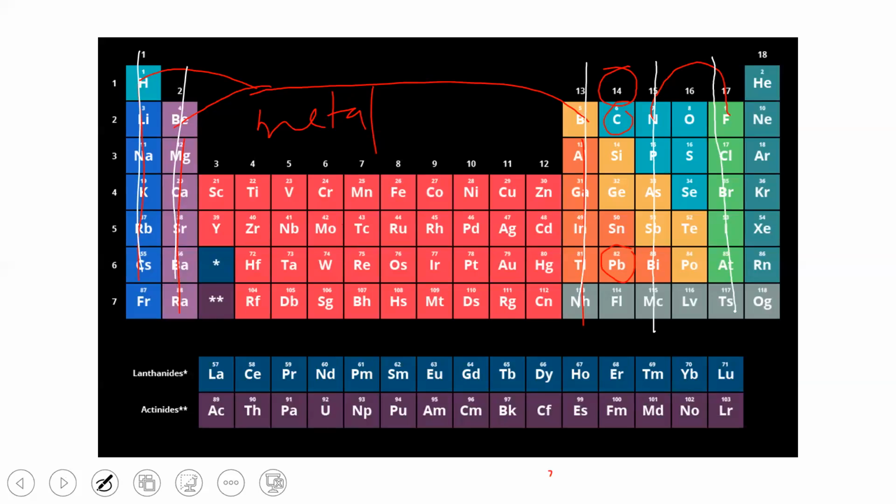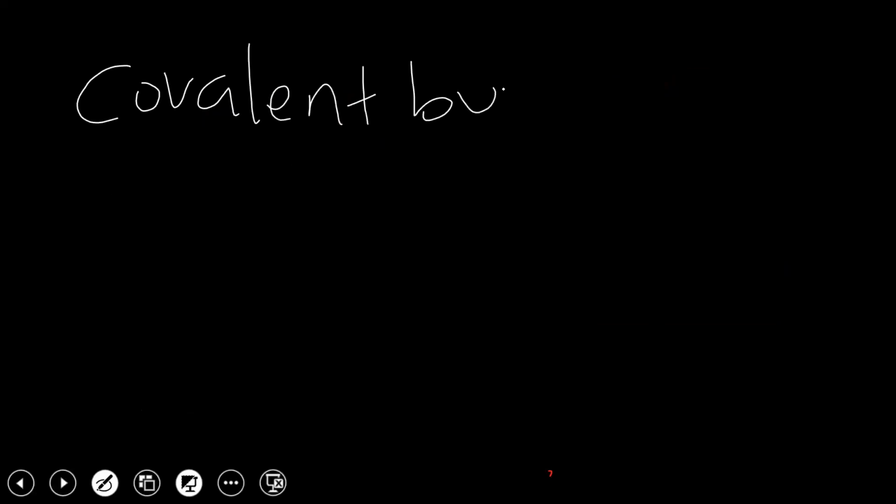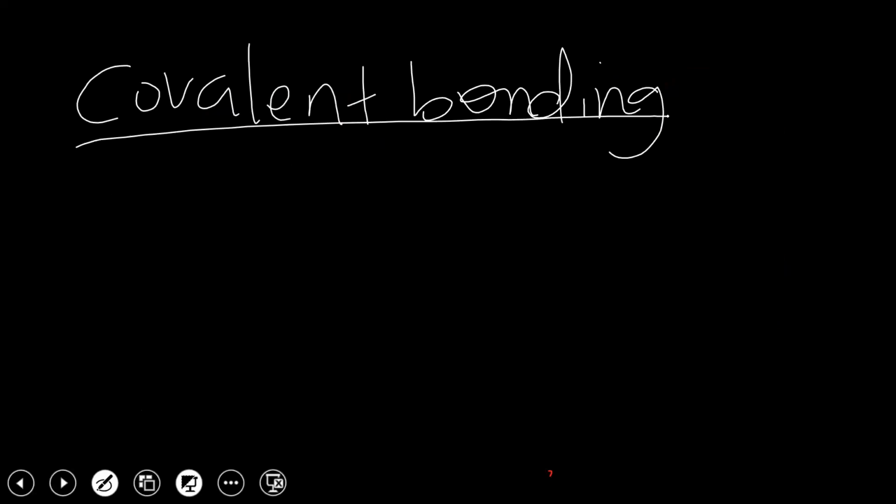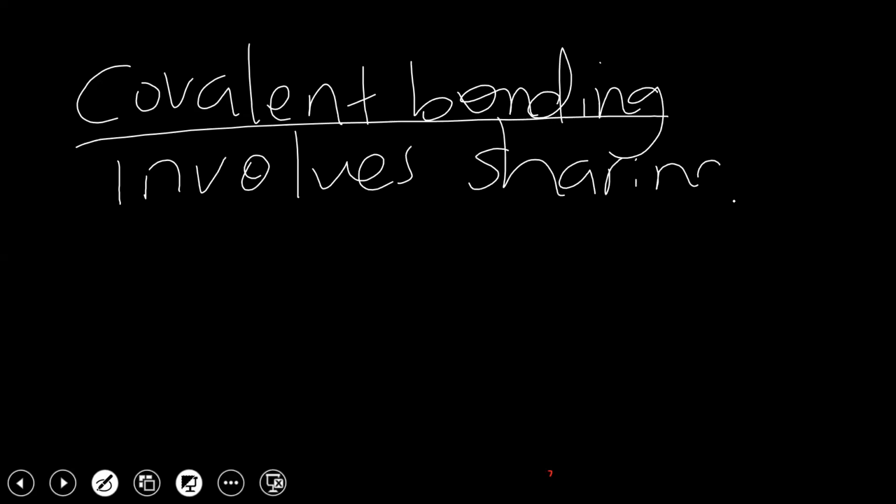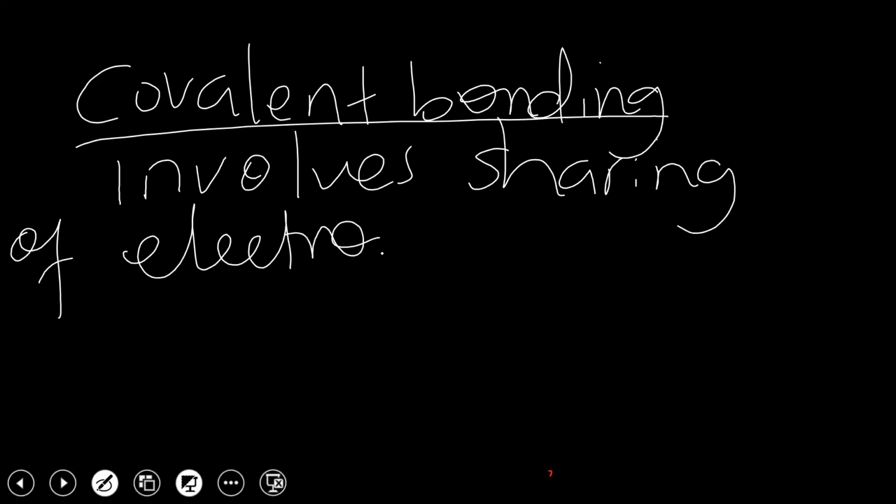Then you have covalent bonding, which involves sharing of electrons between 2 or more atoms.